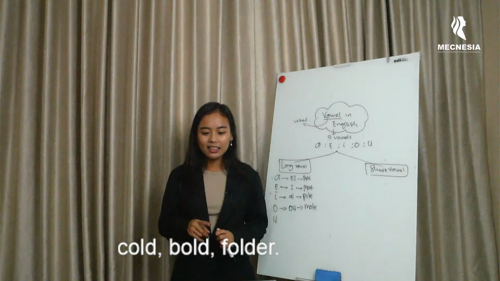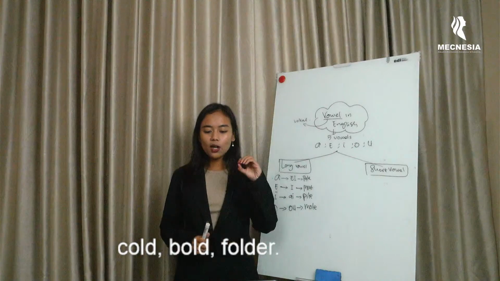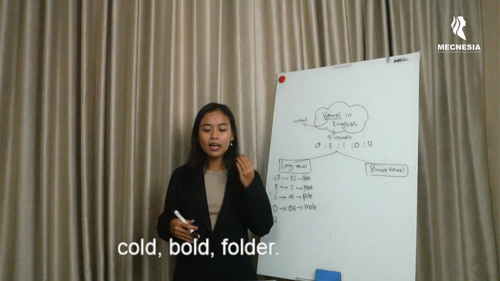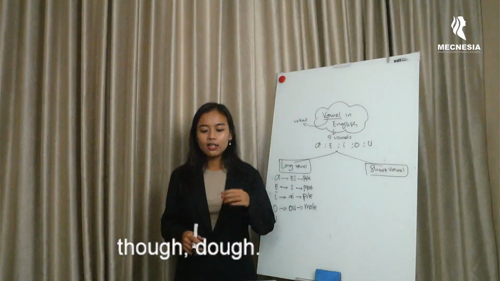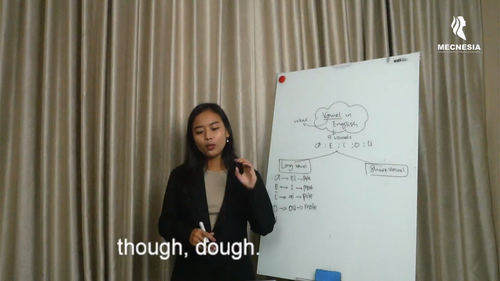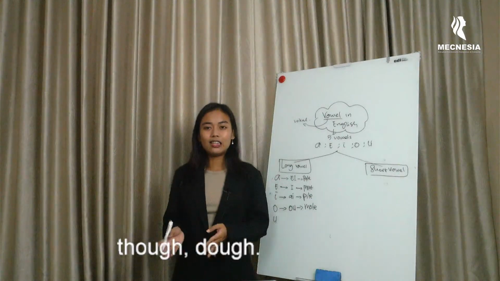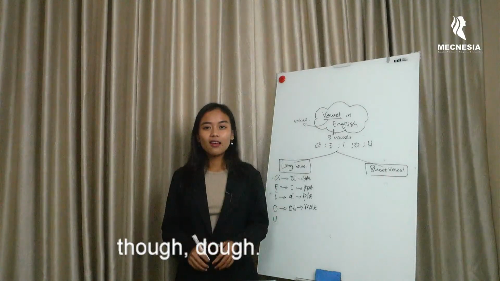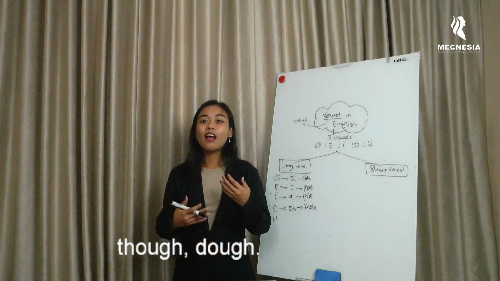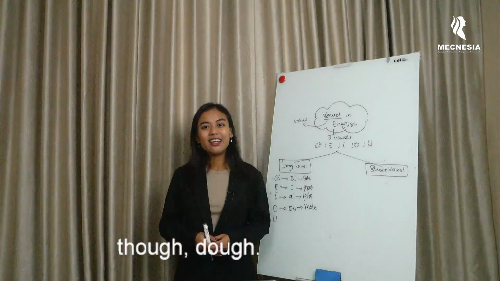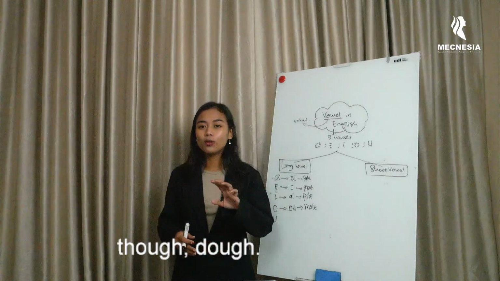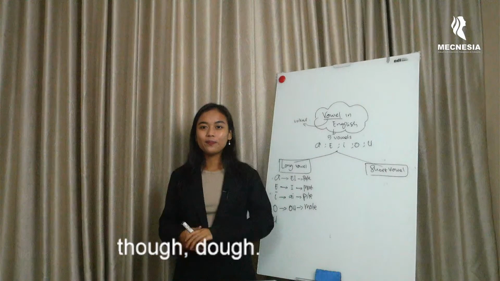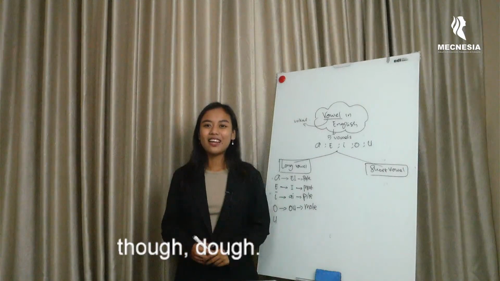And the last, yang terakhir, yang F, when the O is followed by UGH. Ketika huruf O diikuti oleh UGH. Seperti di kata though. Though. And in the word dough. Okay, it's different.